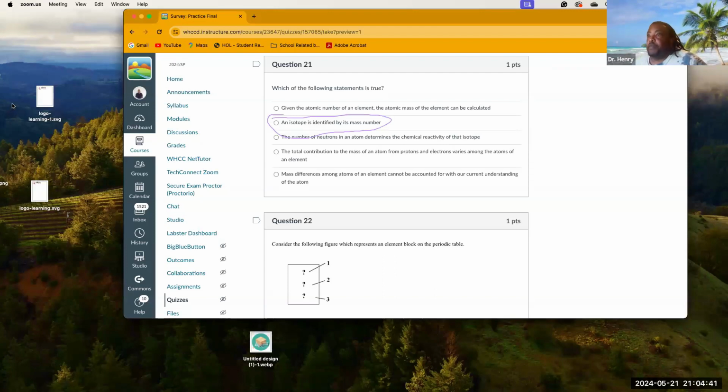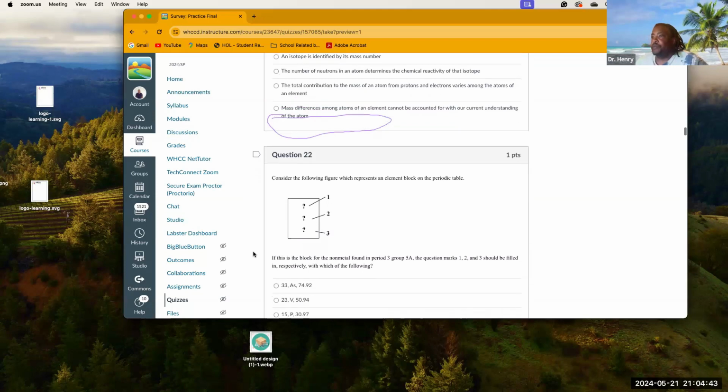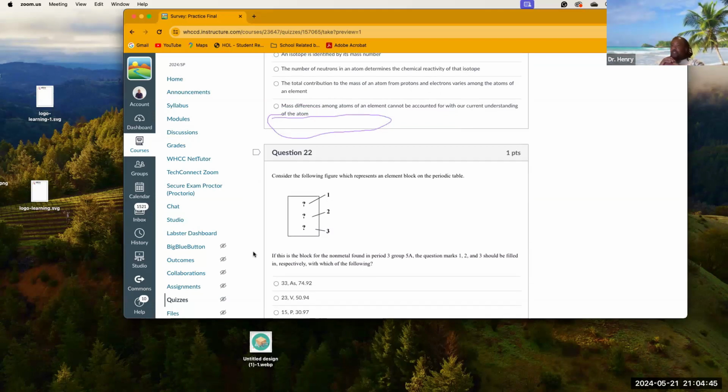Okay. Number 22. Considering the following figure, which represents an element block on the periodic table. If this is a block for the nonmetal found in period 3, group 5, the question marks 1, 2, and 3 should be filled in with which of the following, respectively?